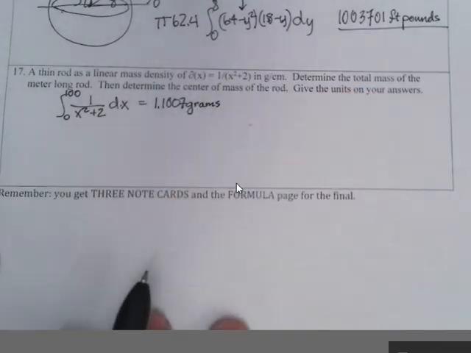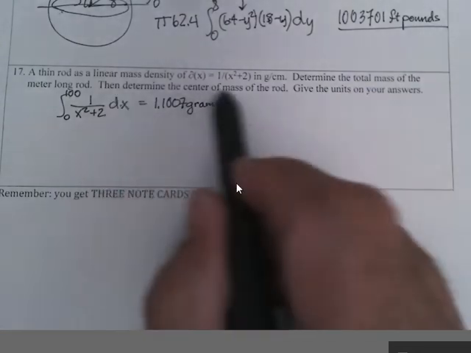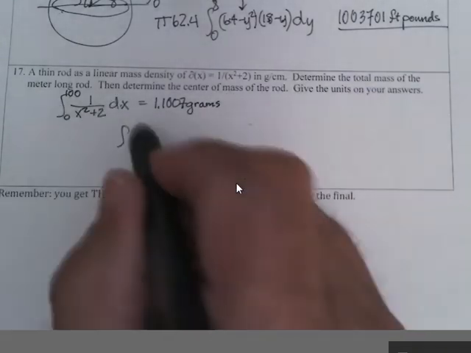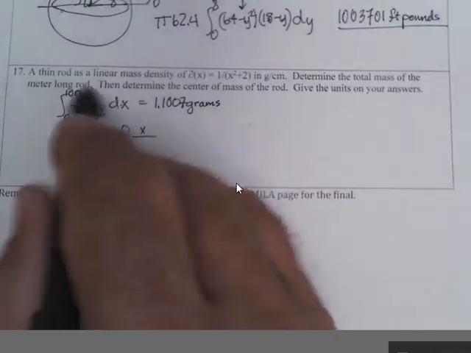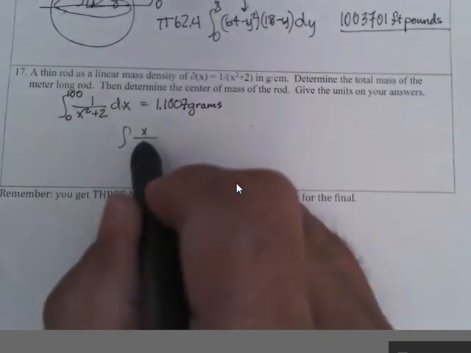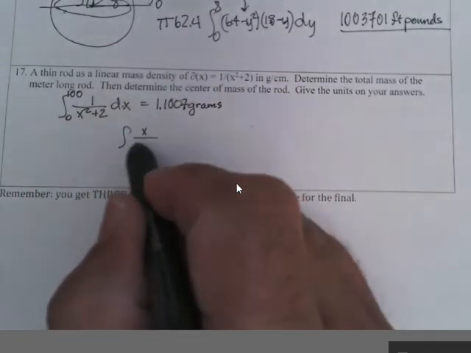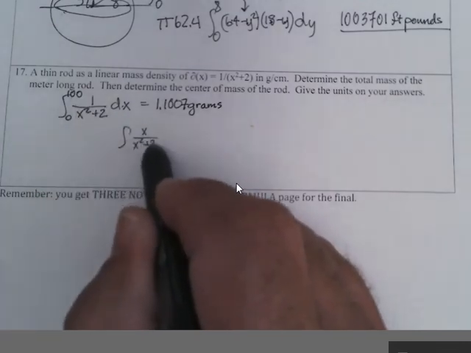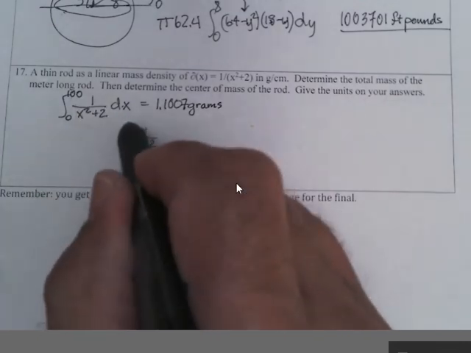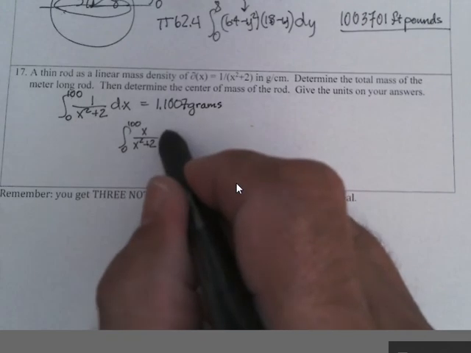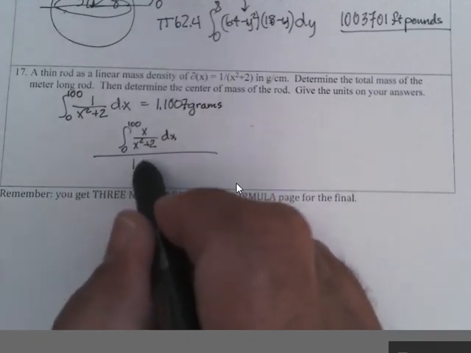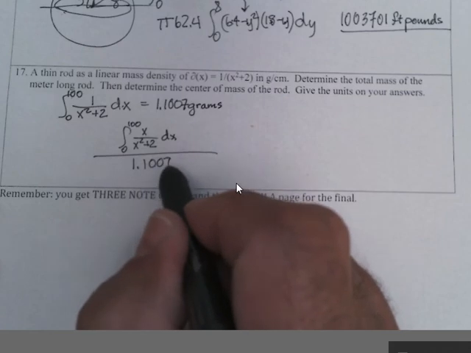That's the mass. And then to determine the center of mass, I have to take the same thing, with x times this, so x over x squared plus 2 from 0 to 100, dx, divided by the mass, which we already got, 1.1007.